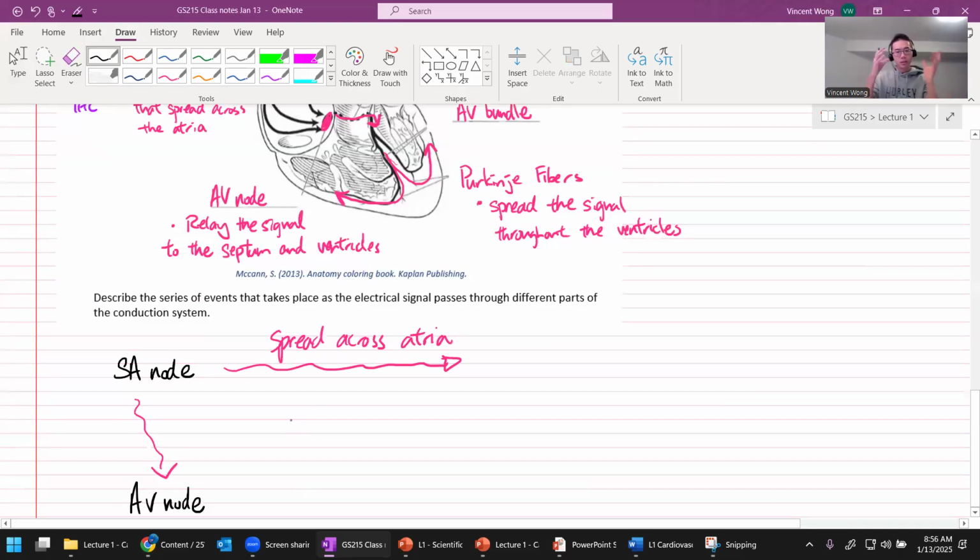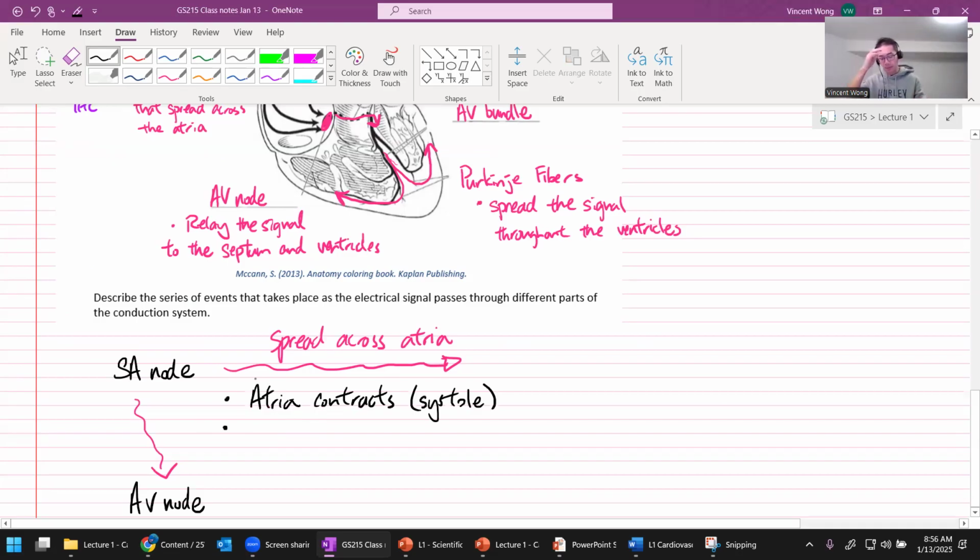Right? So during this period, what are the key things that are happening? Okay, so when the signal gets across, the atria will contract. So atria contract. This is called systole.